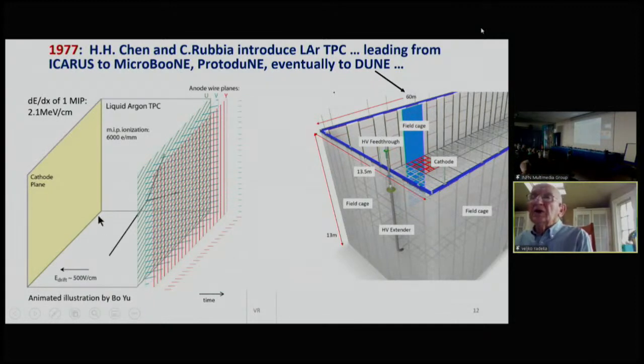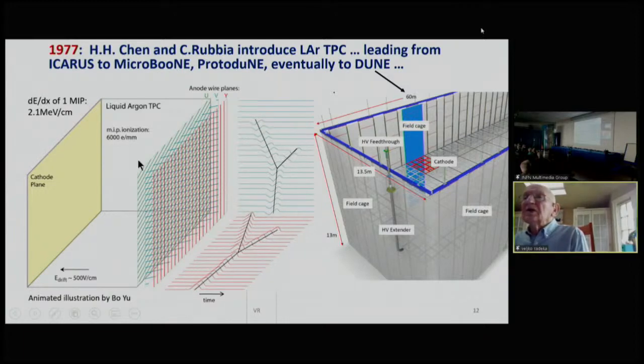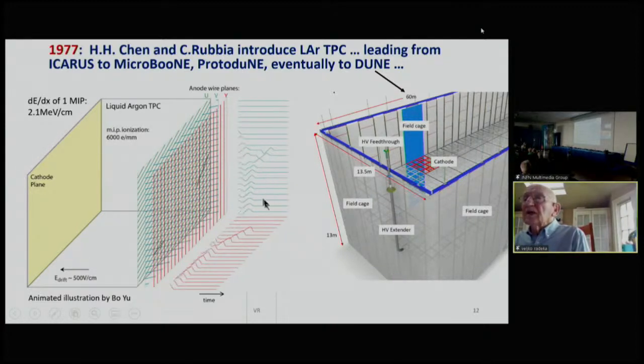This, of course, is well known now: the ionization resulting from an interaction in liquid argon drifts to the sense wires and then the tracks are reconstructed.